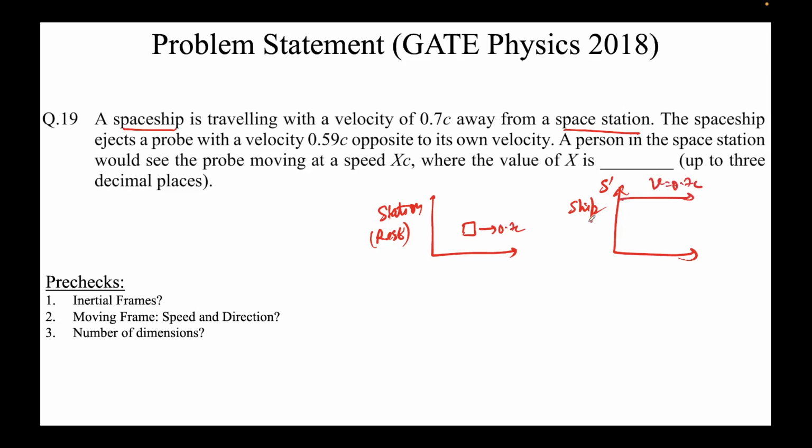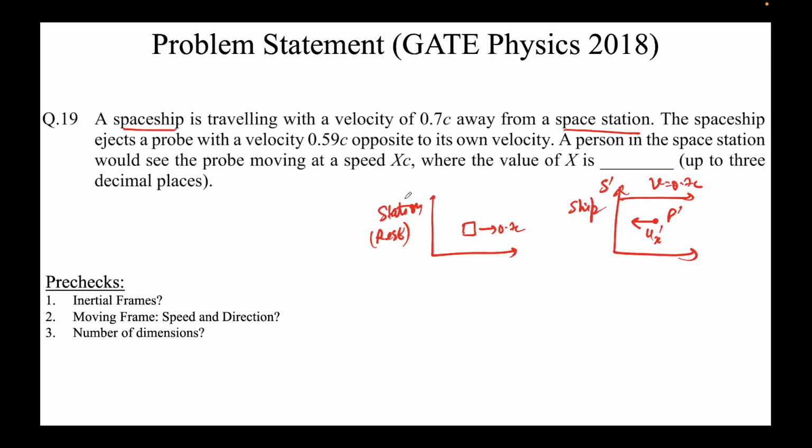Now what's happening is that this spaceship is ejecting a probe. There is a probe p here, which is being ejected opposite to the velocity of the spaceship. So probe p is being ejected in this direction, opposite. I denote it by p prime, and let's say this velocity is ux prime, because we are in the S prime frame, the frame of the spaceship.